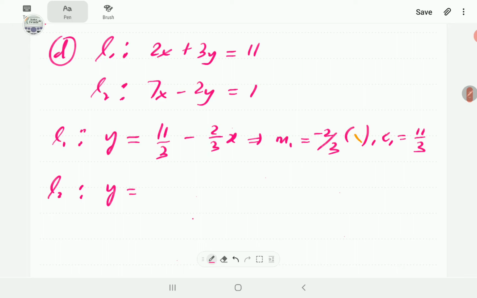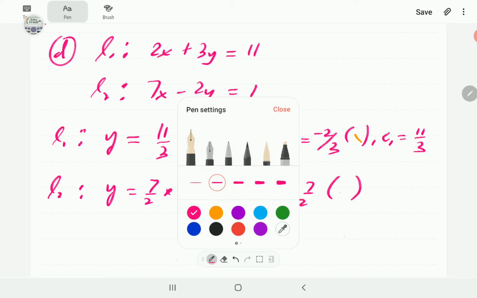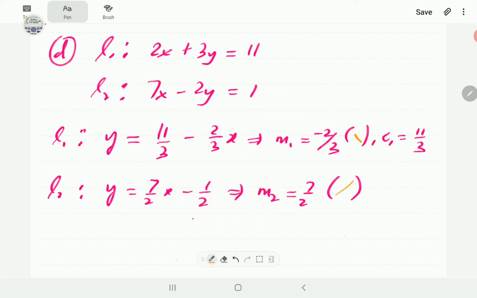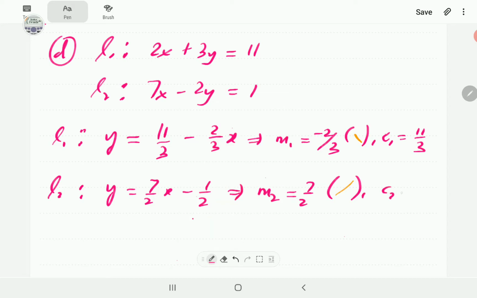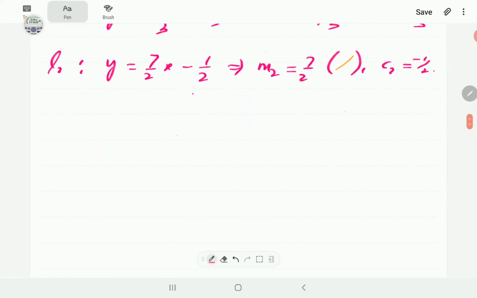In L2, y is going to be 7 over 2 x minus 1 over 2. So that tells us that m2 is 7/2, so the line is upsloping this time because m is positive. And then c2, the y-intercept, is going to be minus 1/2.